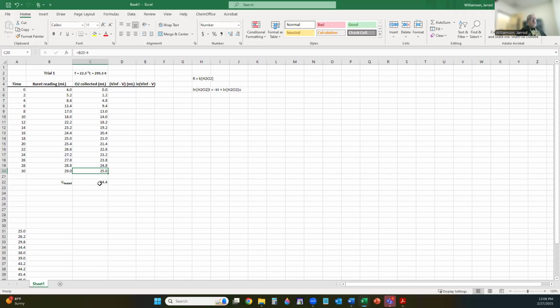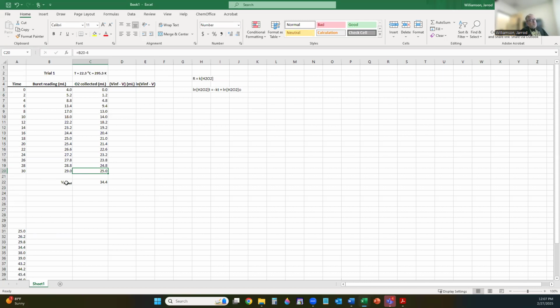V infinity is the maximum amount of O2 that you could collect from this experiment. And remember, after the 30 minutes you're supposed to have heated it up to drive all the hydrogen peroxide into oxygen and then let it cool back down and measure that volume.